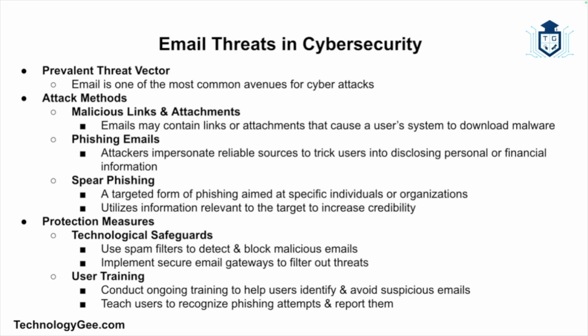A more specific variation of phishing, known as spear phishing, targets particular people or organizations and is frequently conducted using information pertinent to the target. Combining technological safeguards like spam filters and secure email gateways with ongoing user training to spot and avoid suspicious emails is necessary to protect against these email threats.